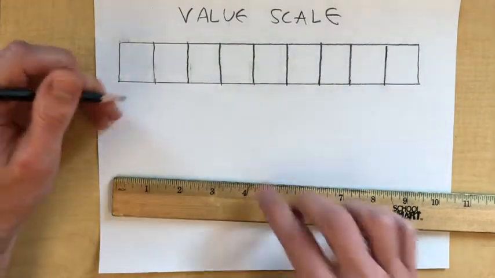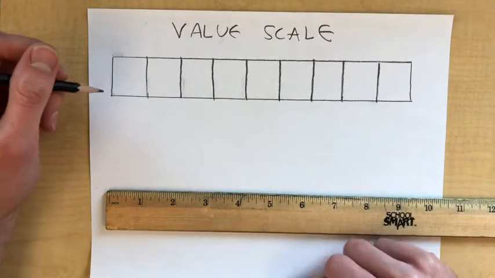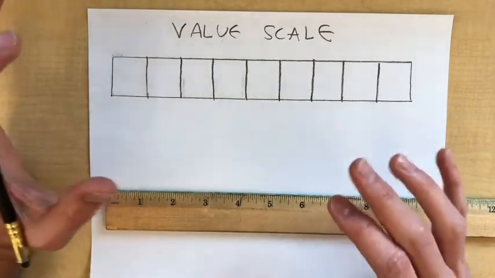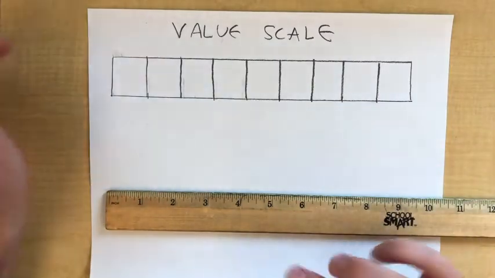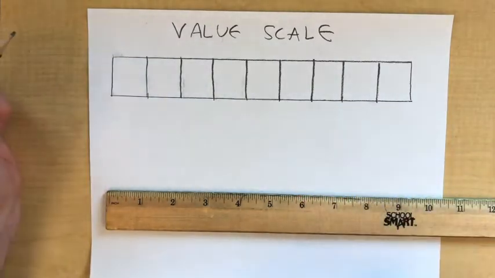Okay, so now I have about 9 different boxes here, and that's a good number to start with. There should be at least 8, no more than 10. So 8, 9, or 10 is a good number that you can use on your own value scale.